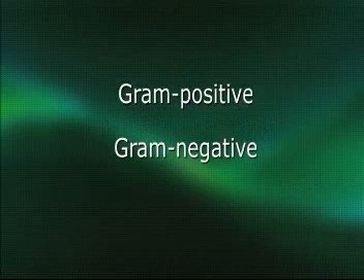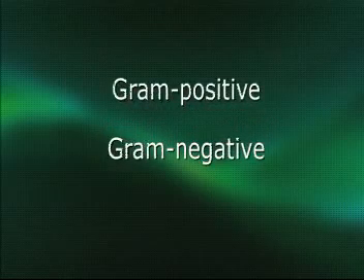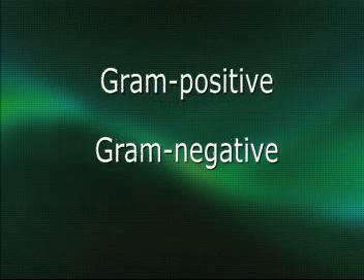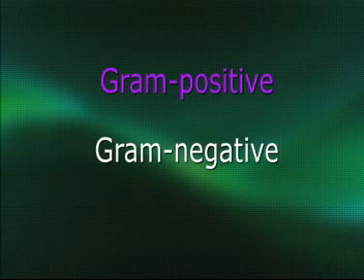Bacteria can be stained gram-positive or gram-negative. If bacteria are stained purple by Gram's stain, they are considered gram-positive. If bacteria are stained pink by Gram's stain, they are considered gram-negative.